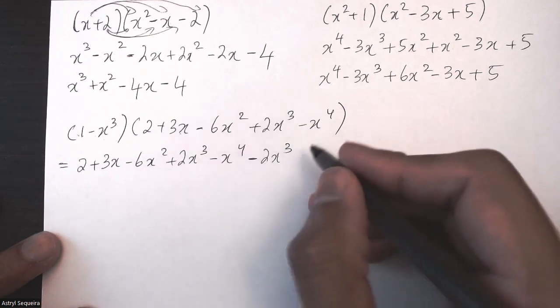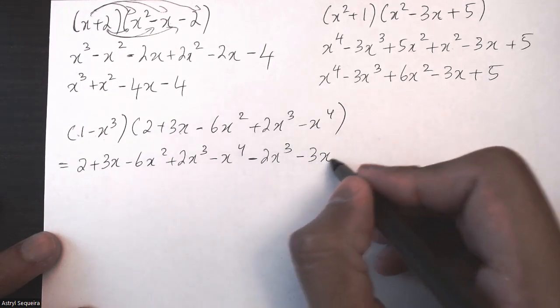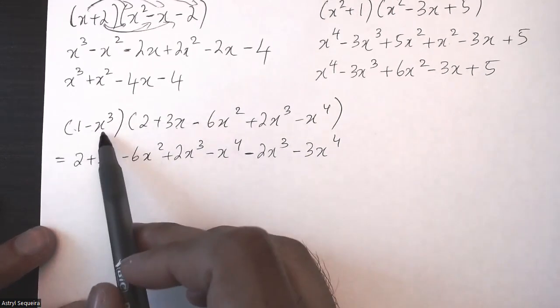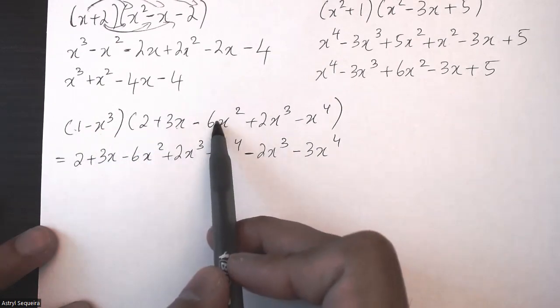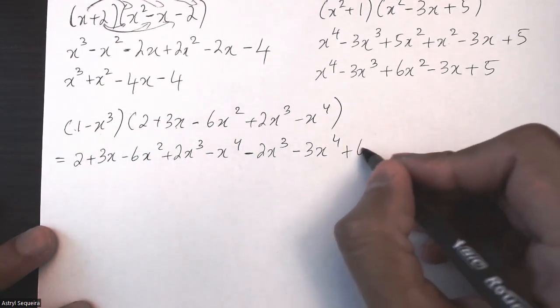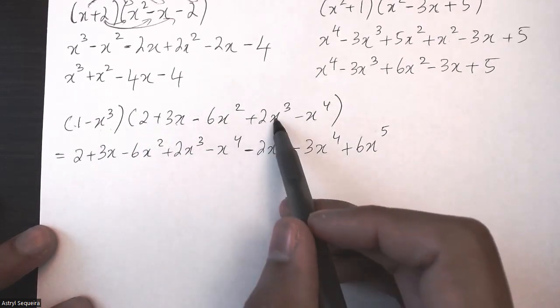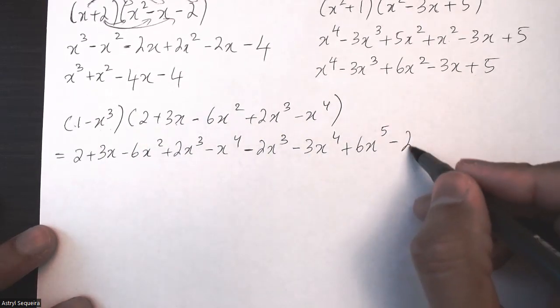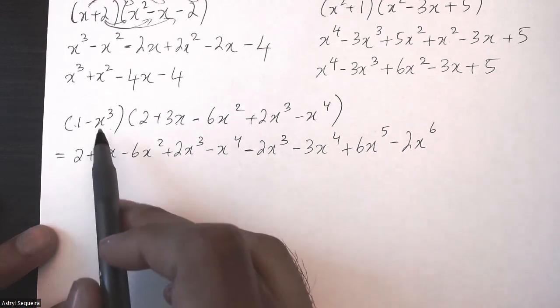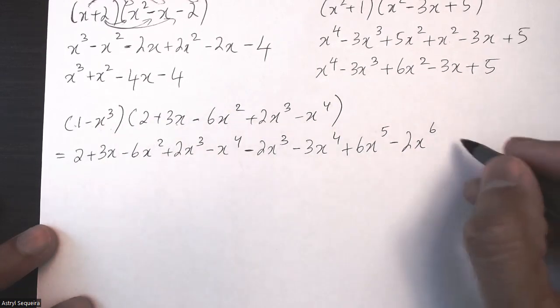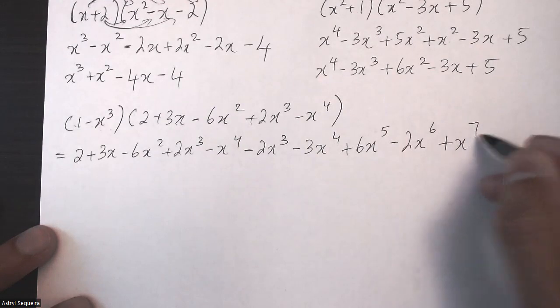This times this is negative 3x4. This times this is positive 6x5. This times this is negative 2x6. And this times this is positive x to the power of 7.